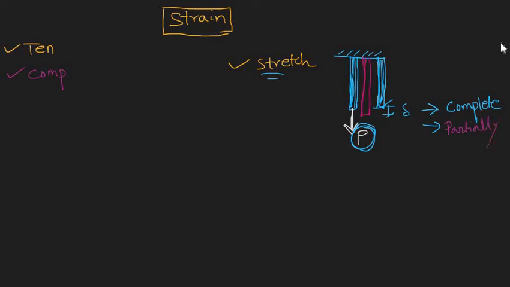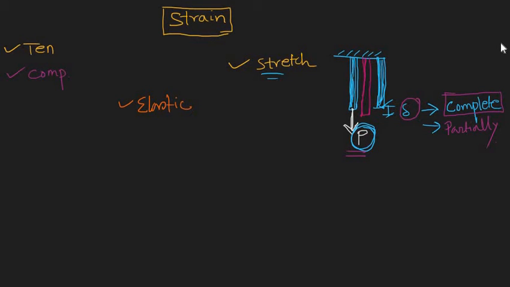If this deformation is removed completely after removing the external load, in that case the material is known as an elastic material.